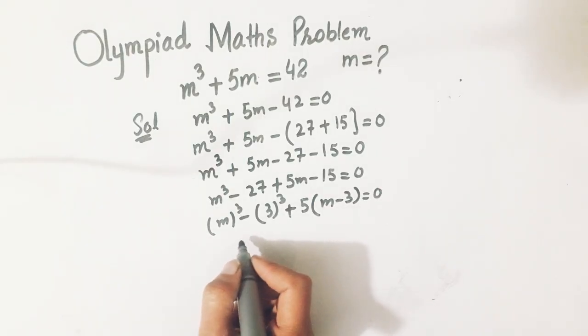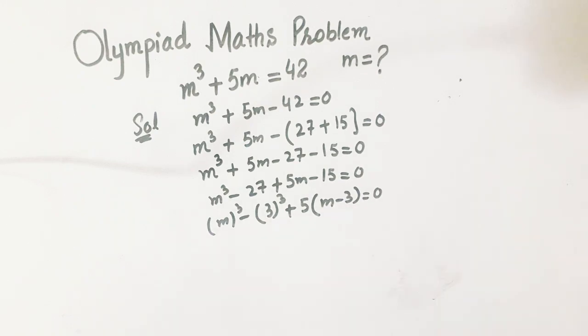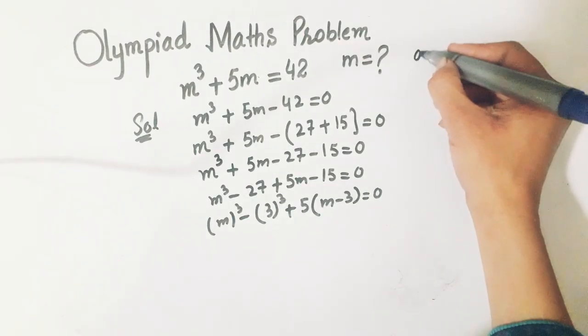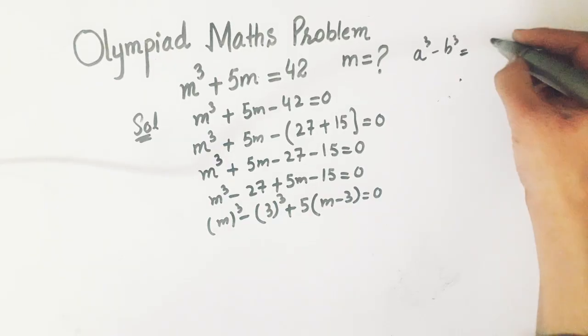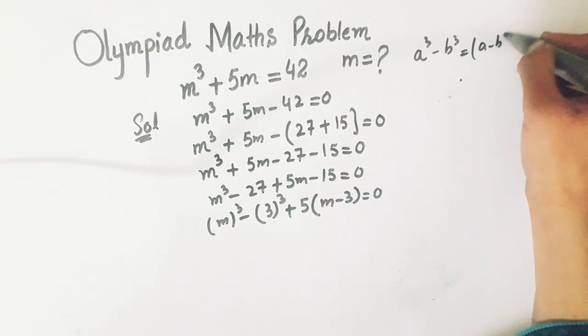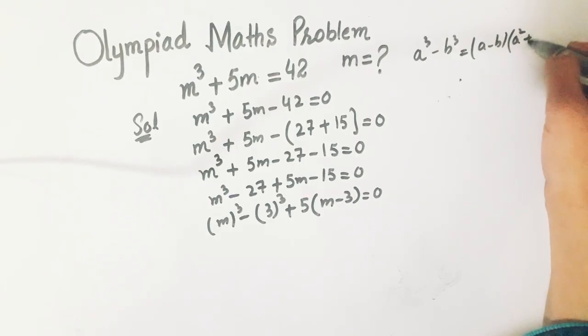Now here we will apply the formula of a cube minus b cube. So what will be the formula of a cube minus b cube? We know that a cube minus b cube equals a minus b into a square plus ab plus b square.